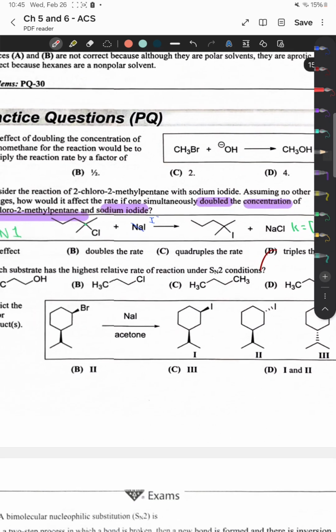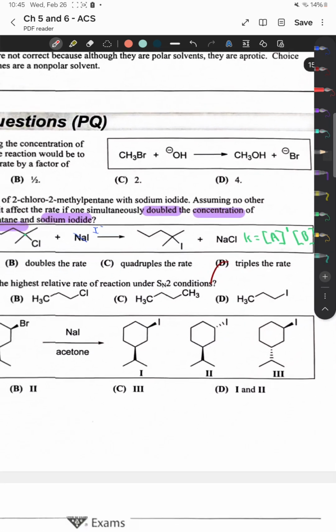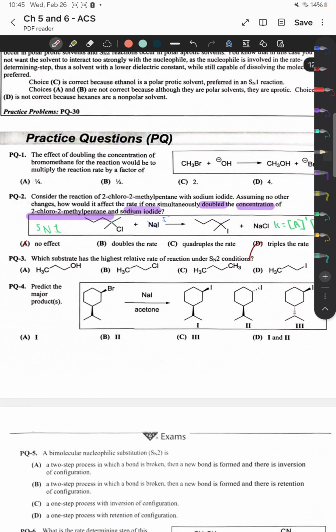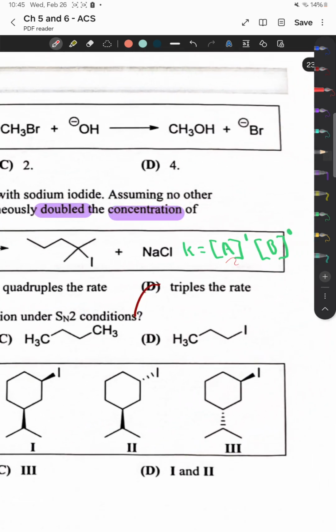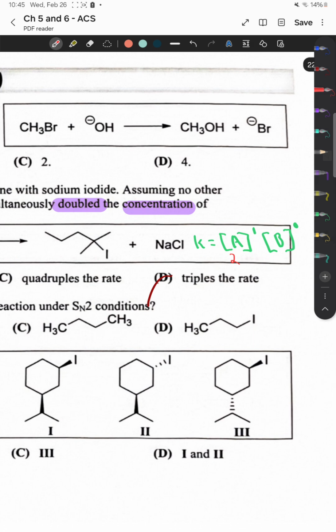Now, the word problem said that the concentration of our substrate, 2-chloro-2-methylpentane, was doubled. And 2 to the power of 1 is 2. And the weak base, sodium iodide, was also doubled, but 2 to the power of 0 is 1.